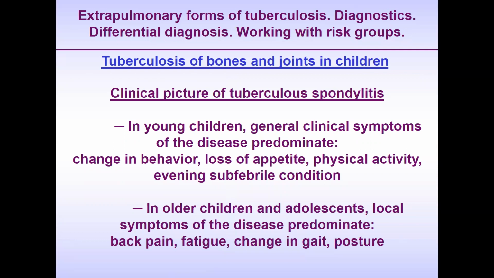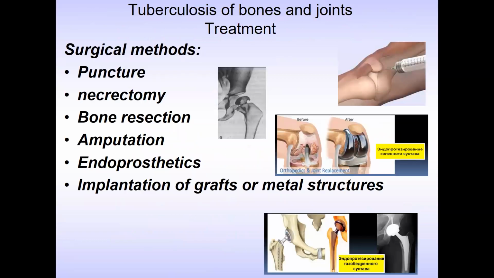It can be back pain, change in gait, posture. Treatment of tuberculosis of bone and joint is by surgical methods: bone resection, amputation, implantation of a metal structure.